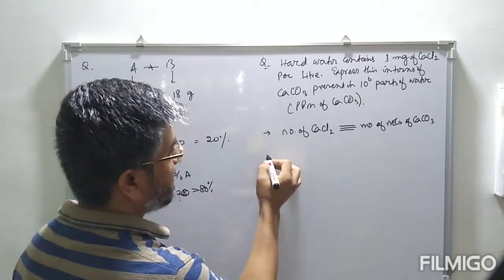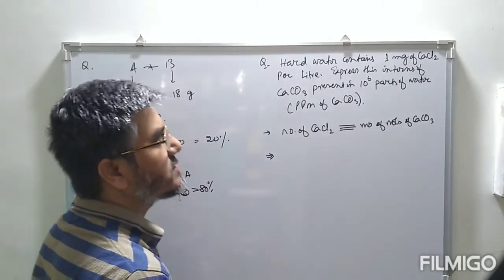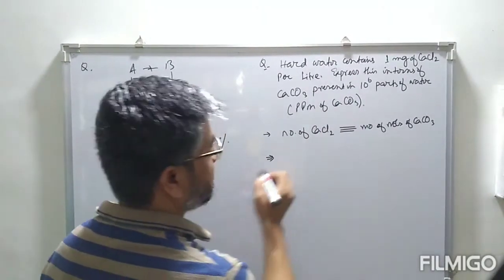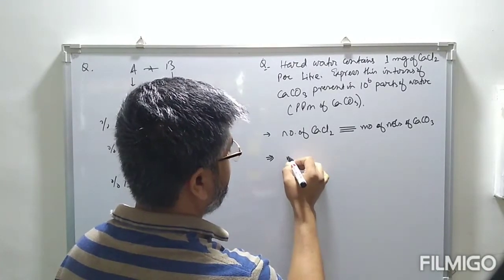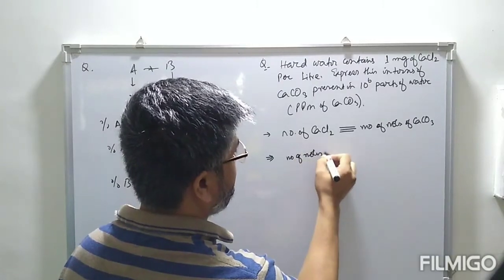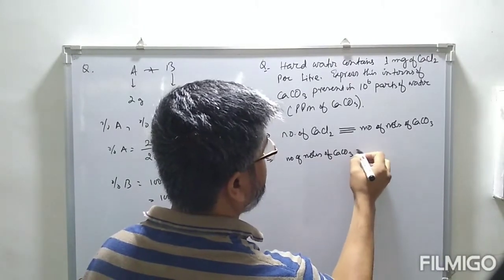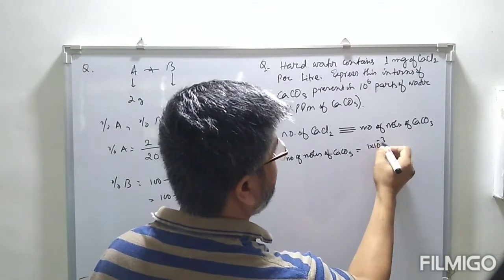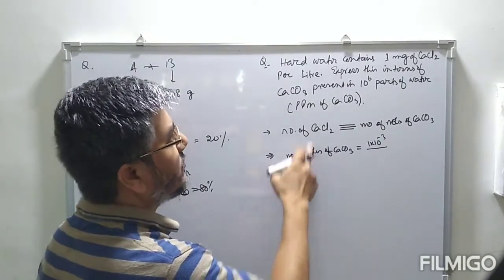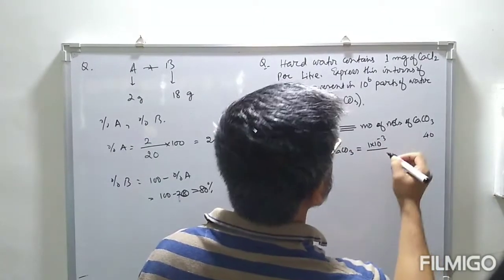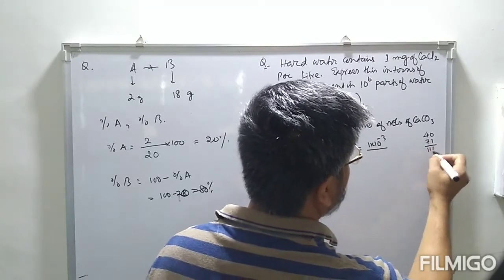So number of moles of calcium chloride, that is mass by molar mass, is 1 into 10 to the power minus 3 divided by molar mass. Calcium is 40, chlorine 35.5 twice, that is 71, so we have triple 1.